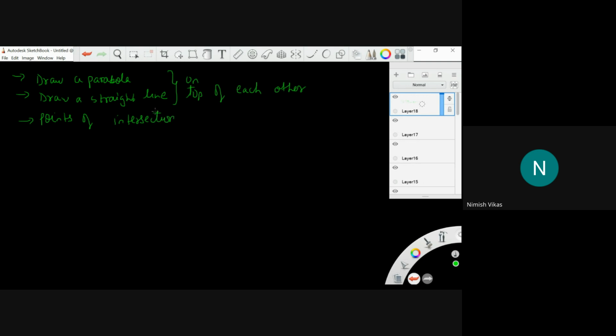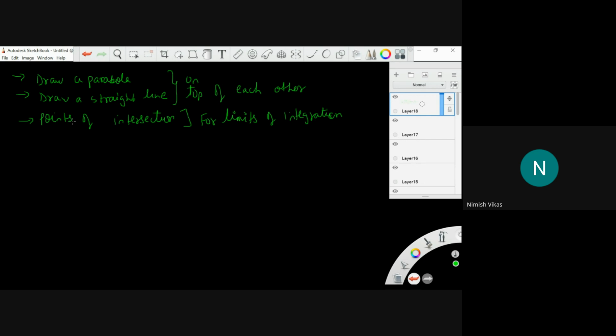This is for the limits of integration. So these three things you need to understand.